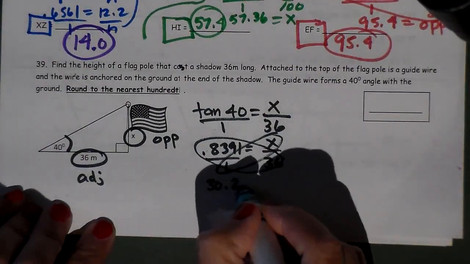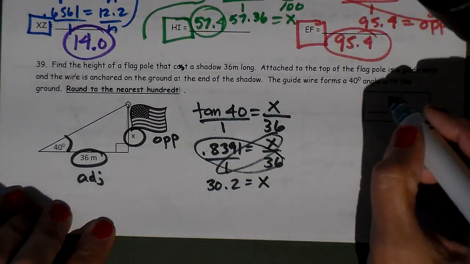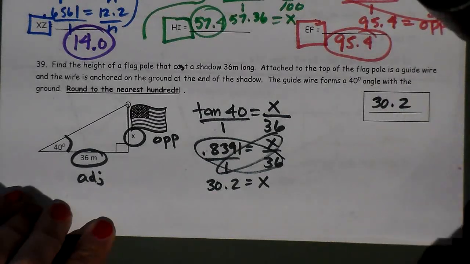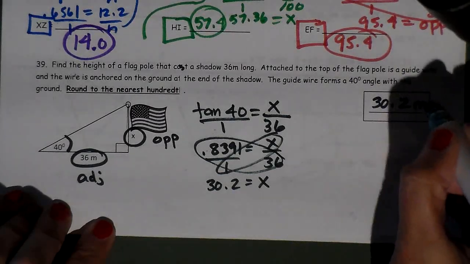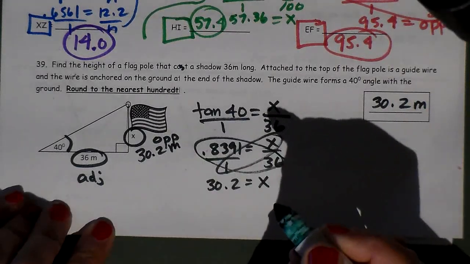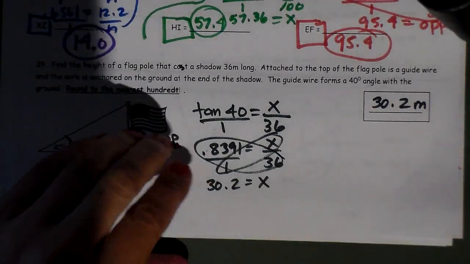So we have 30.2, and 1 times x is x. And that's meters. So the flagpole is 30.2 meters high. There you go. That is your trig.